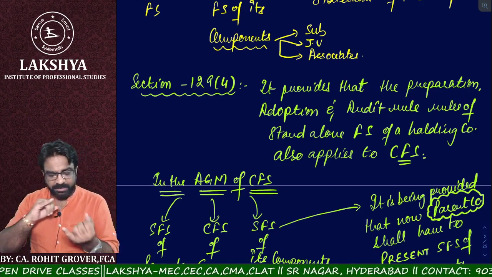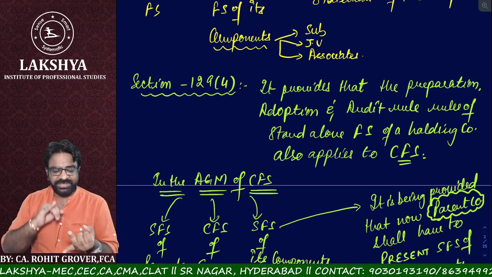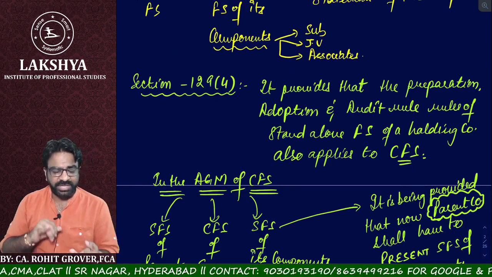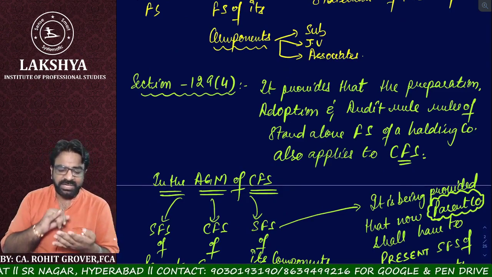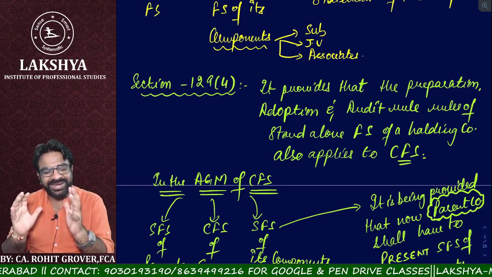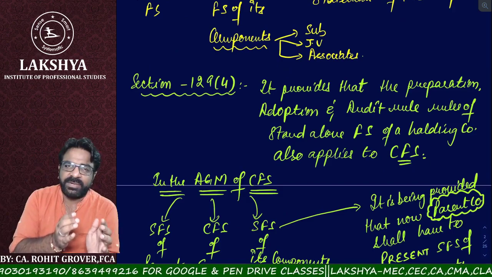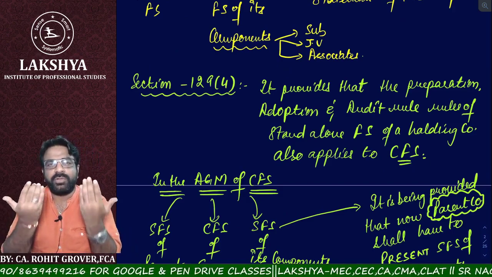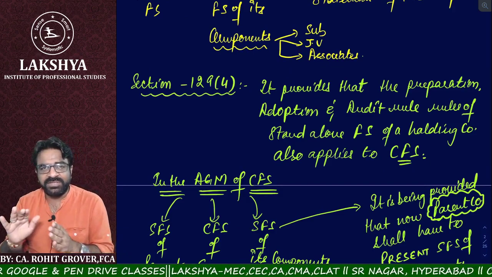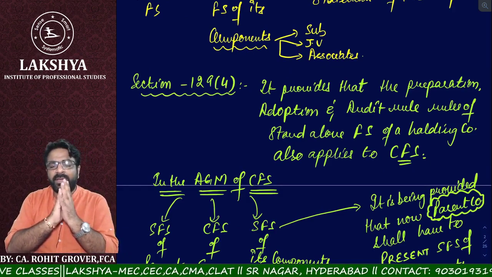It means section 129, which talks about the financial statement, section 133, which talks about the accounting standards, Schedule 3 requirements, generally accepted accounting principles, and accounting policies. Those rules and regulations which are applicable to your own financial statements are equally applicable to the consolidated financial statements. There is no difference in the accounting policies.